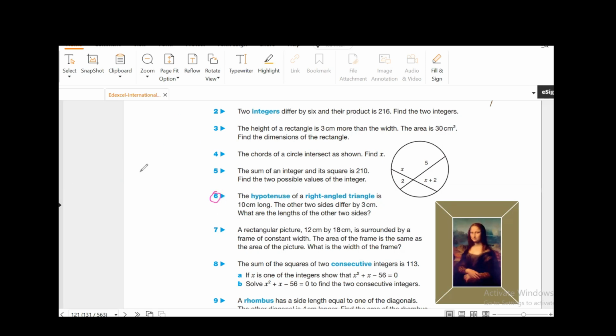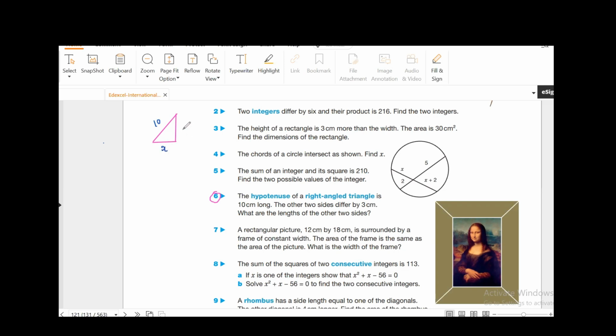So see here, this is a straightforward question. We have a right angle triangle, and if we try to draw it, there is a triangle shape. In a right angle triangle, one angle is 90 degrees, and they say this is the longest side, which is the hypotenuse. They say this side is 10, and the other two sides differ by 3.